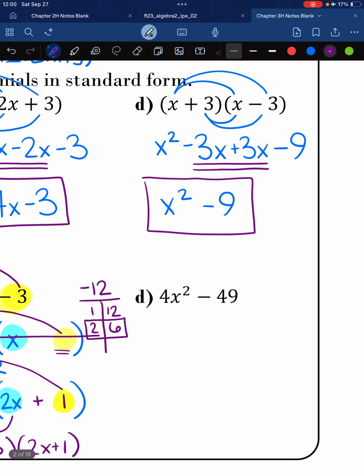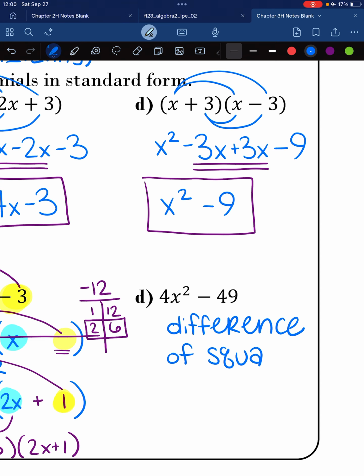Last one. Ooh, this is just like example D above, where there is no term in the middle. So this is a really special style of quadratic that we call a difference of squares, where there is no single x term in the middle, and I am subtracting two numbers that are perfect squares.